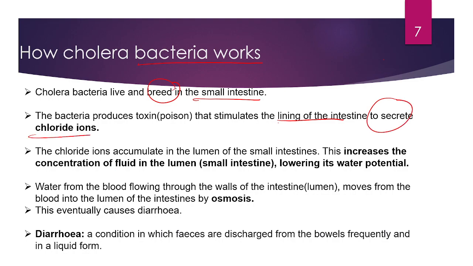Now, what happens? These chloride ions accumulate in the lumen of the small intestine, which increases their concentration, and that decreases the concentration of the water. So now, the blood flowing in the lining of the small intestine has a higher water concentration, or higher water potential, which, due to osmosis, causes the water from the blood to go into the lumen.